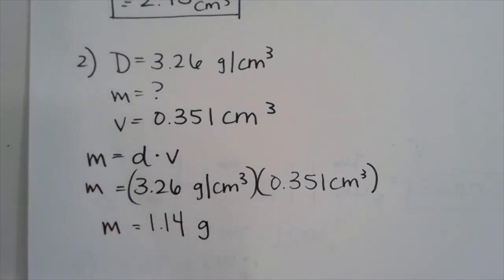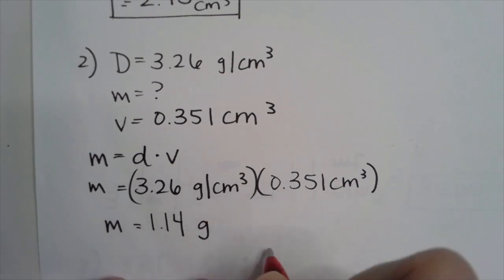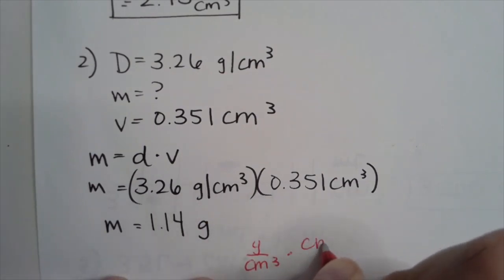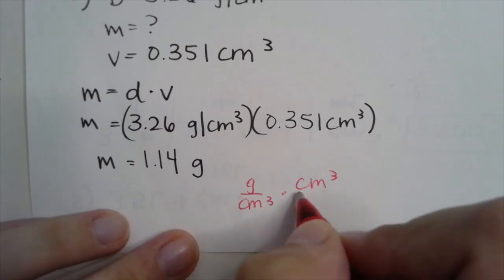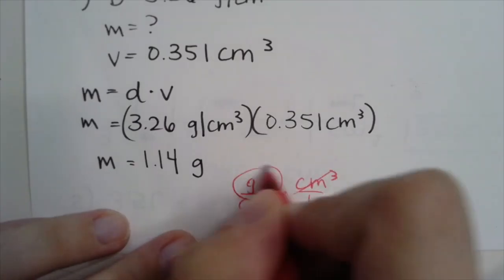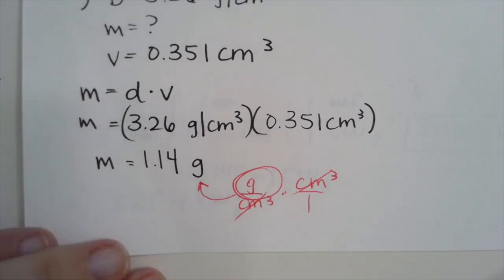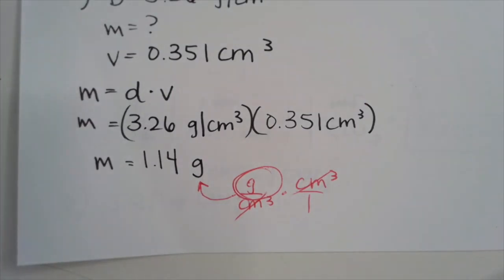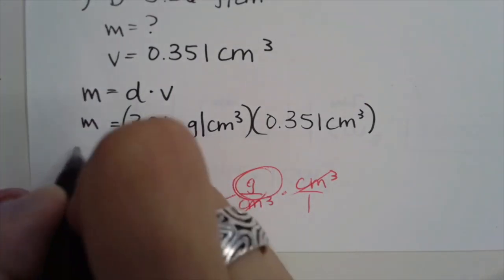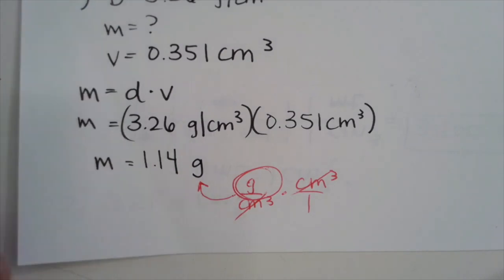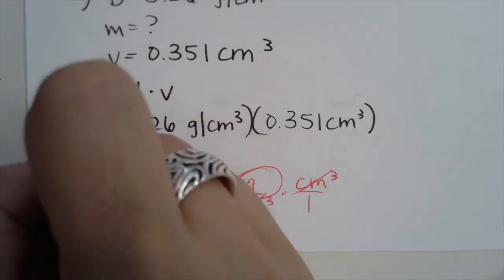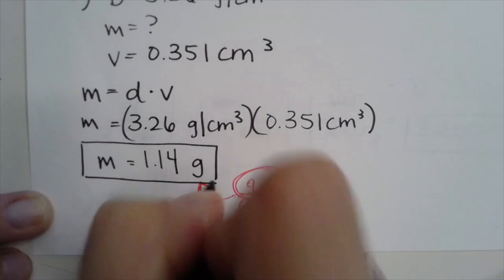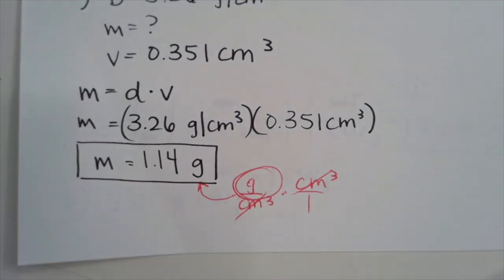Or, now I'm going to show you something, and if this confuses you, pretend I never said it. If I have grams per centimeter cubed times units of centimeters cubed, those 2 units cancel, and you're left with units of grams. So the units also work themselves out. If you have no idea what I just said, just remember that mass should always be represented in units of grams, which is what we have right there.